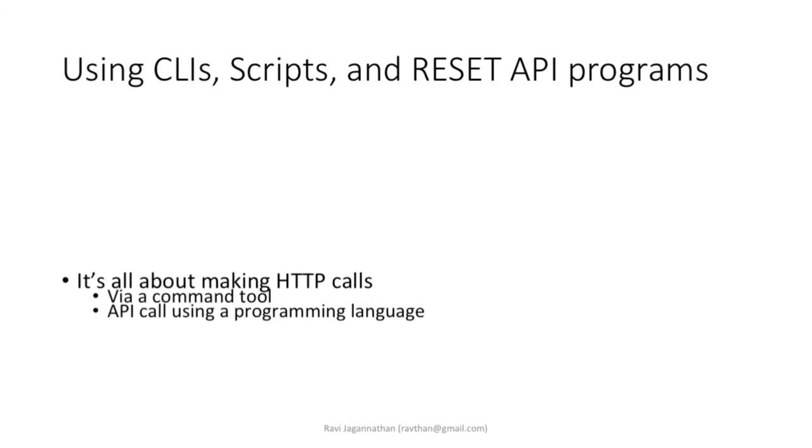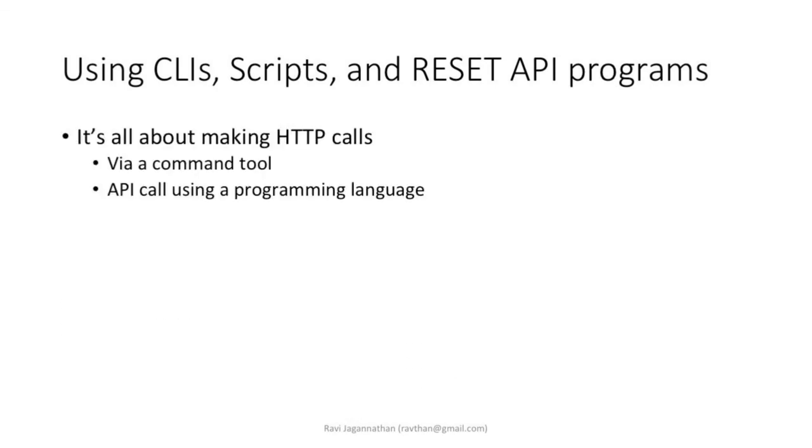And then people do scripts. The scripts and the REST APIs all have a few things in common. They all are REST APIs. In one way or other, they'll end up invoking some HTTP calls like GET or POST, and they get the answer back.